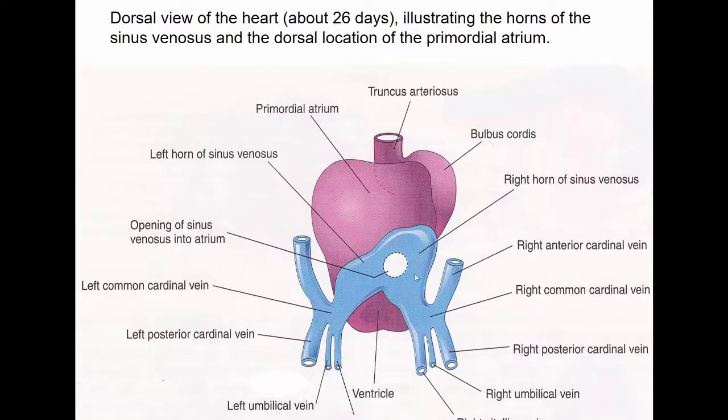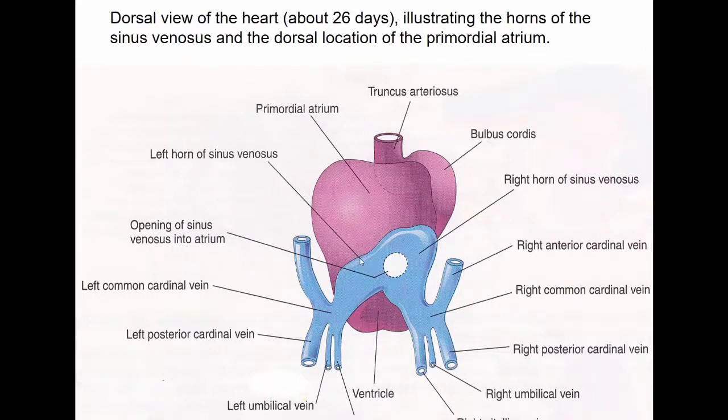So this right horn of the sinus venosus will be absorbed into the posterior part of the future right atrium. And we call this the sinus venarum. And it will give rise to the posterior smooth-walled part of the right atrium. Okay? So where did the sinus venosus go? Yes, this is a central part.